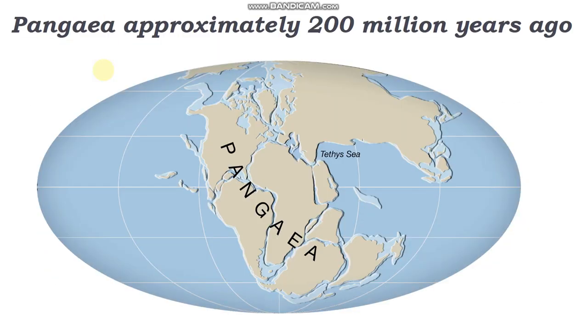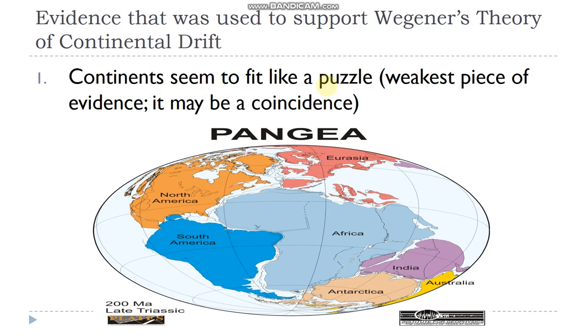Okay, moving on. Many, many moons ago, approximately 200 million years ago, we had all of our continents once touching, which made this massive supercontinent called Pangaea. And there was a scientist, his name was Alfred Wegener. He was actually a meteorologist, and he had this idea that all these continents were once touching.